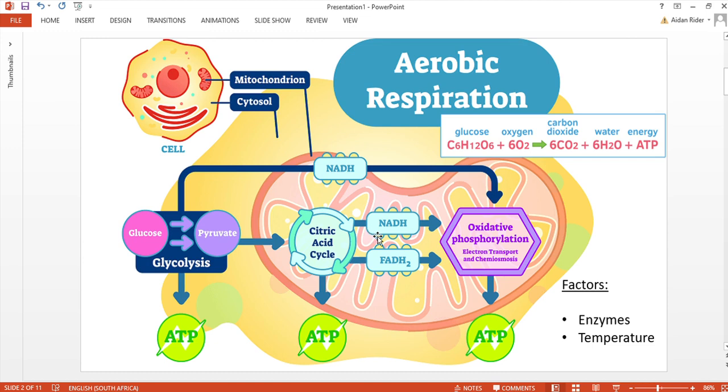A lot of hydrogen atoms are released during this breakdown process, the Krebs cycle, and all these hydrogen atoms are now taken to the last step, where they will be used. We just call it the oxidative phosphorylation step. It also occurs in the mitochondria, and more hydrogen atoms are released, but during this last stage, the most ATP is produced.